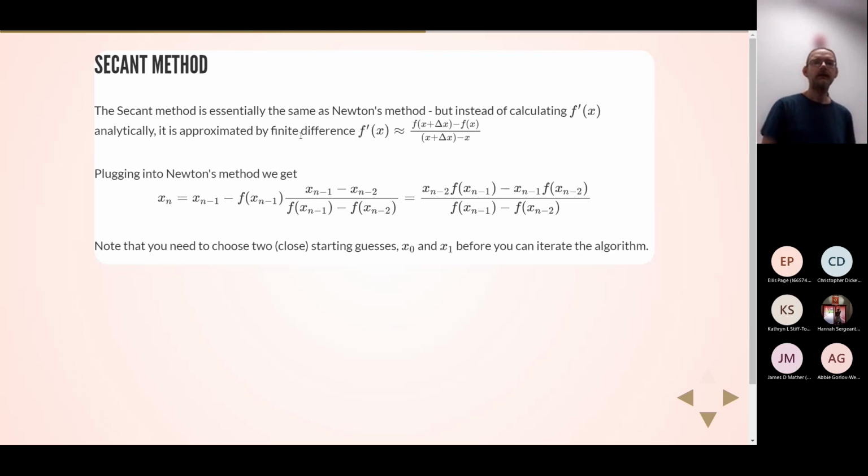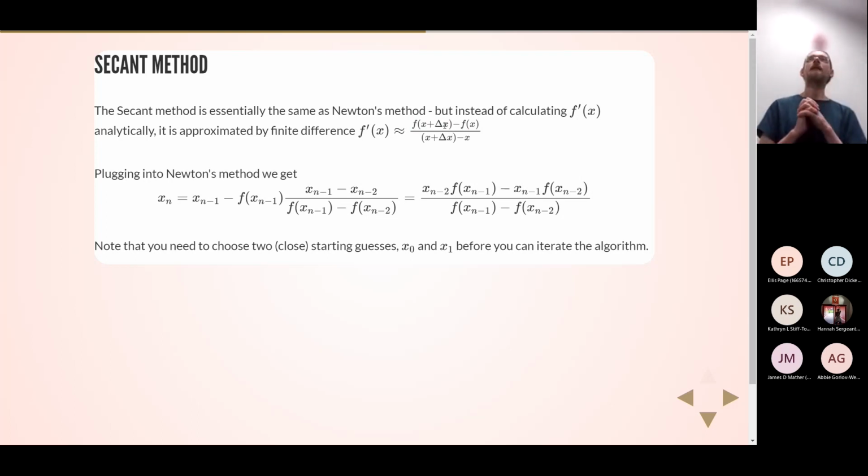Now, Newton's method is nice, but sometimes calculating the derivative is a bit of a pig. Perhaps like me, you're not very good at differentiating complicated functions. You forget most of those things. So instead of going through pen and paper and doing the derivative, we could take a finite difference approximation to the derivative at the point we want.